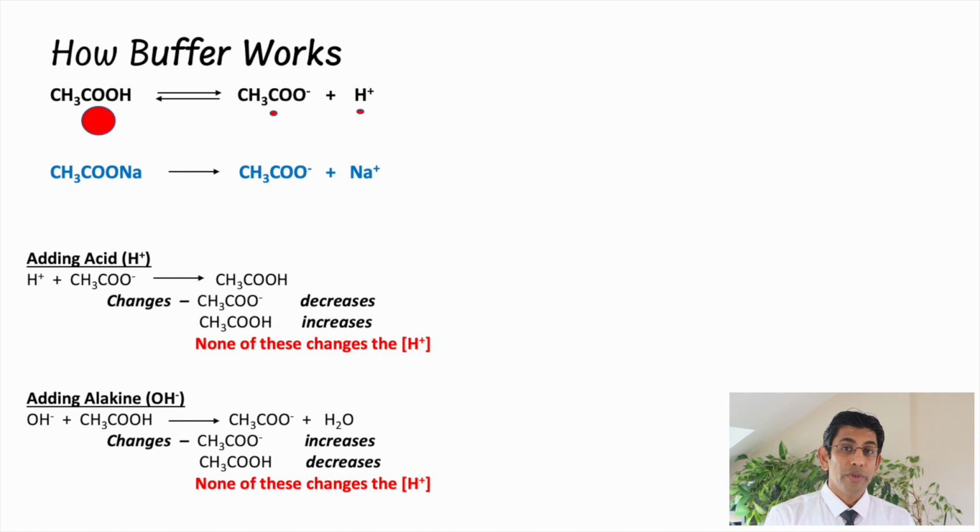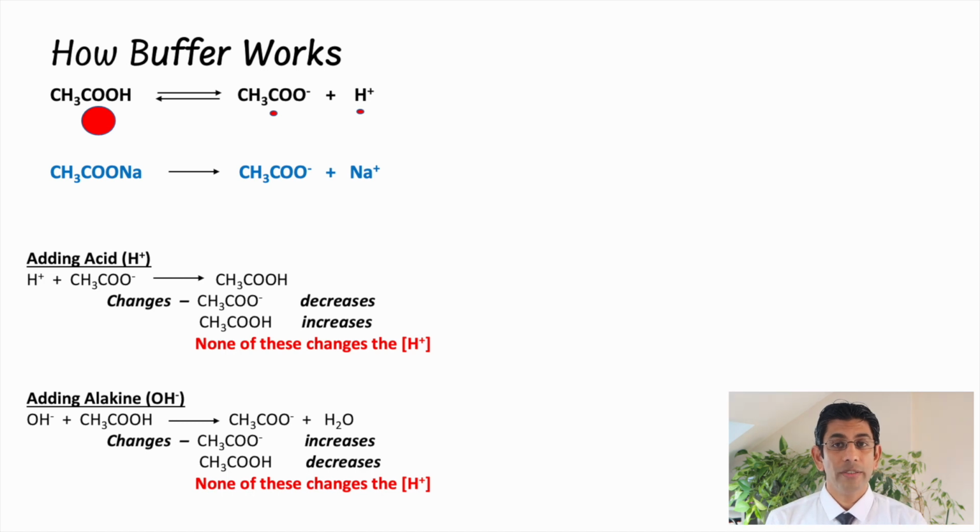So if I add sodium ethanoate to this mixture, it will completely break down to form CH3COO minus and sodium plus ions. Because it's a complete dissociation, you're going to have lots of CH3COO minus in the solution. So adding acids won't be a problem. This is the reason we need a salt in an acid buffer solution. Now we have a functioning buffer.